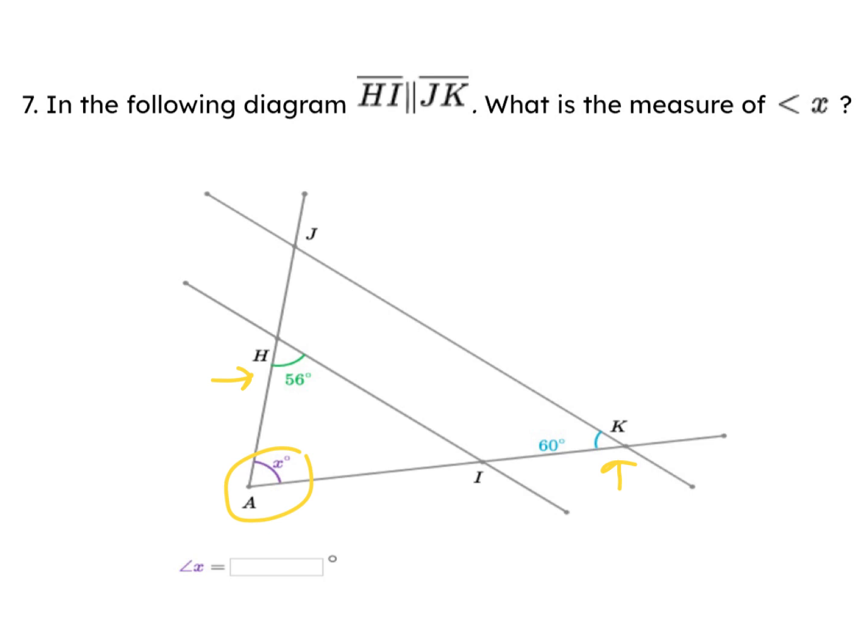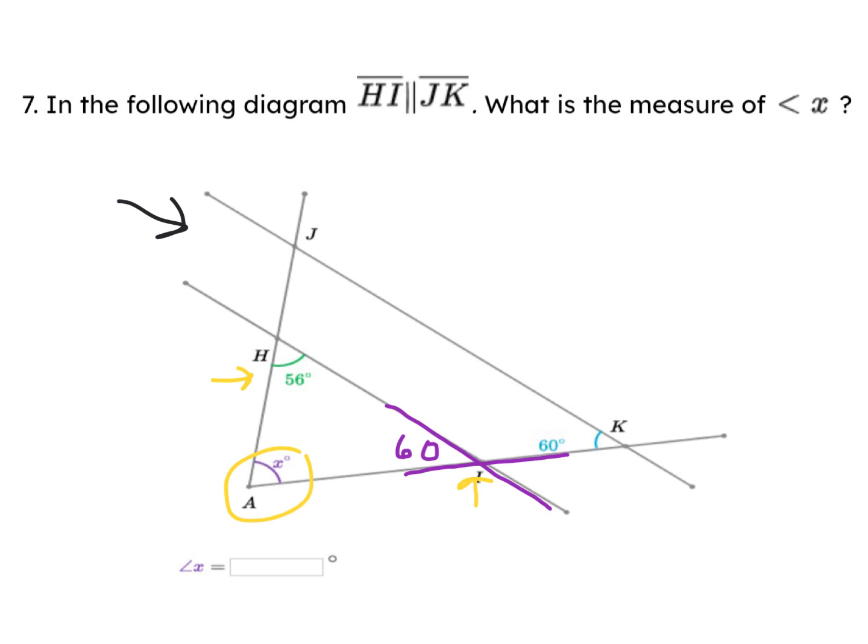I also see right here is a set of parallel lines, and I'm noticing that this angle 60, if I had tracing paper, looks congruent to angle I. So let me trace that and translate it, and yep, they're the same. So if angle K is 60, then angle I right in here is also 60 degrees.